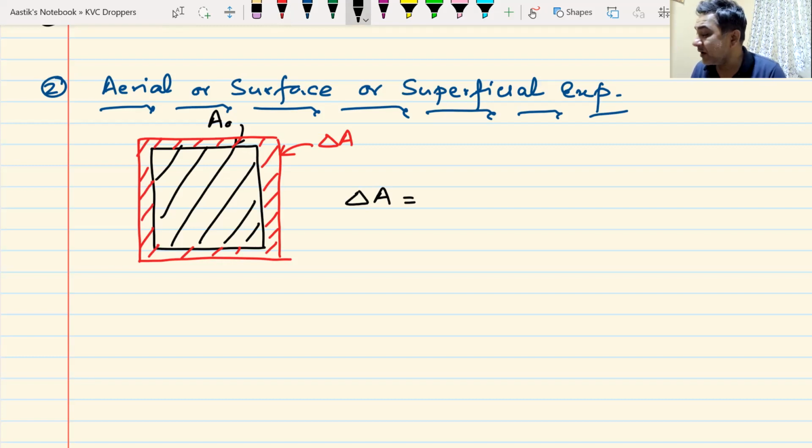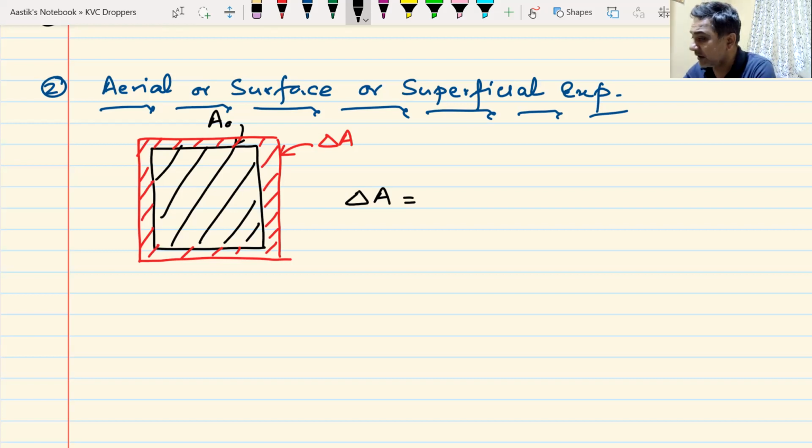If you can think about what will be the formula for change in area. In the first case, we have seen the formula for change in length. Can you now tell me what will be the formula for change in area? Think. It's similar to what we had already seen in length.